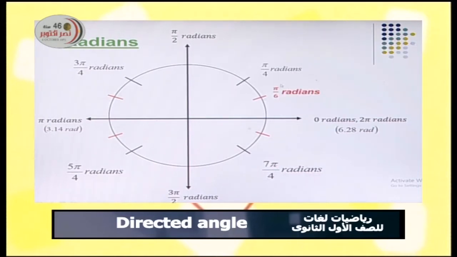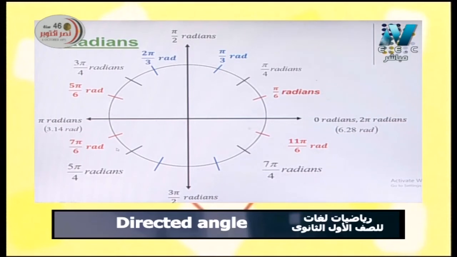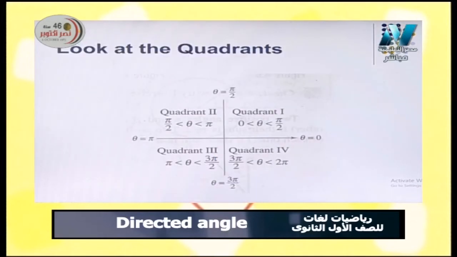We have here pi over 6, which is 30, and 5 pi over 6, 7 pi over 6 rad, 11 pi over 6 rad, and pi over 3 rad, 2 pi over 3 rad, 4 pi over 3 rad, and 5 pi over 3 rad. So we have a conclusion here.